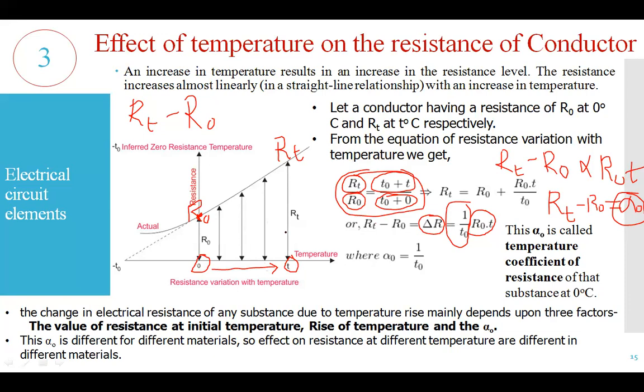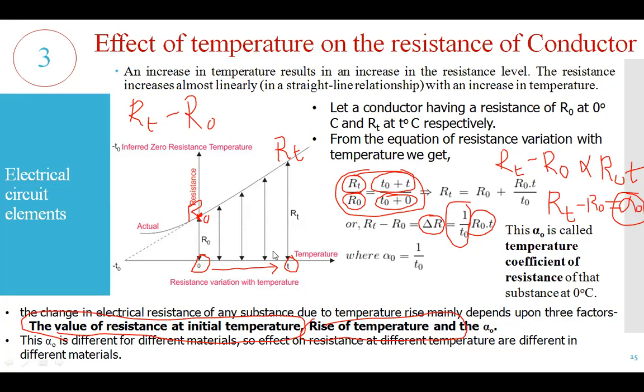And remember that there are some factors which mainly depend upon the values, or the change parameter over here, that the change in the resistance is based on these three parameters: the value of the resistance at initial temperature, that is the R0 component, the rise of the temperature, and alpha 0. So this is indicating the equation of alpha 0 into R0 into T.